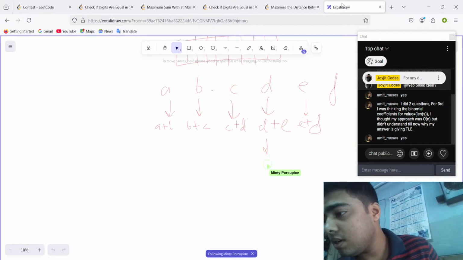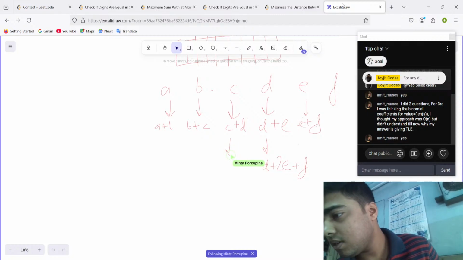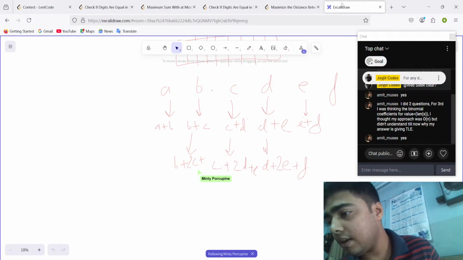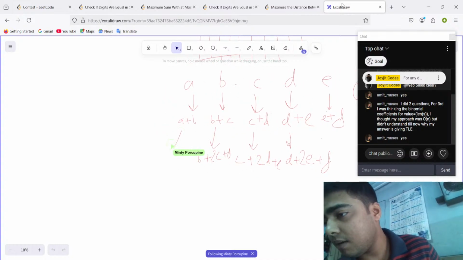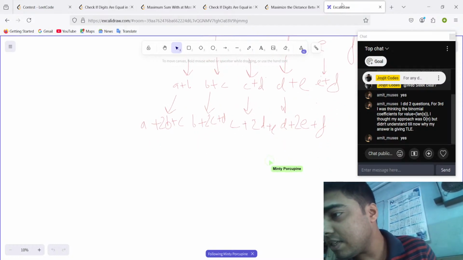This becomes D plus 2E plus F, right? This E and E. This becomes C plus 2D plus E. This becomes B plus 2C plus D. And this becomes A plus 2B plus C. Cool. Now, what happens in the next step?